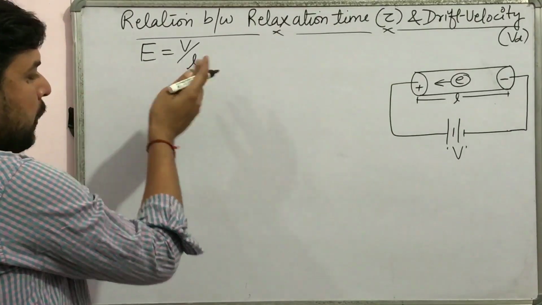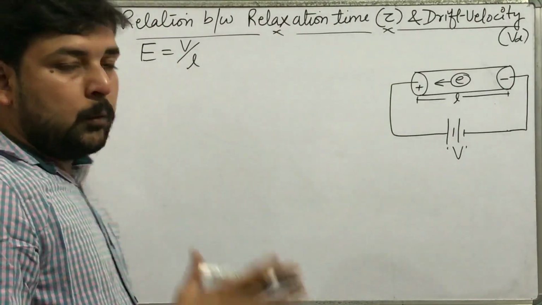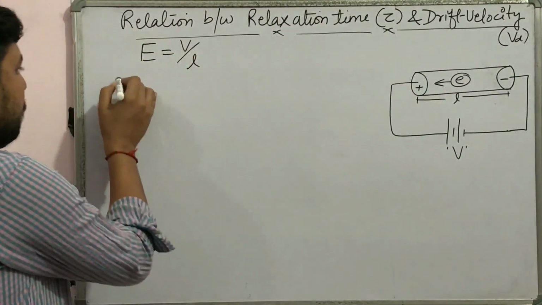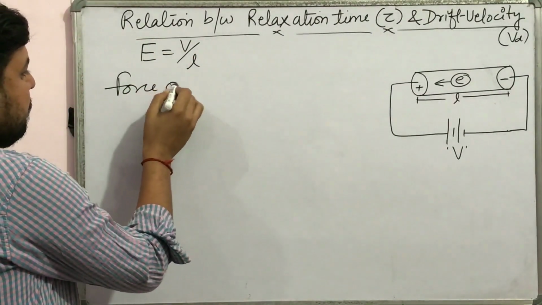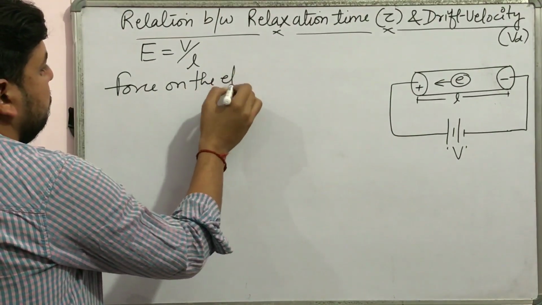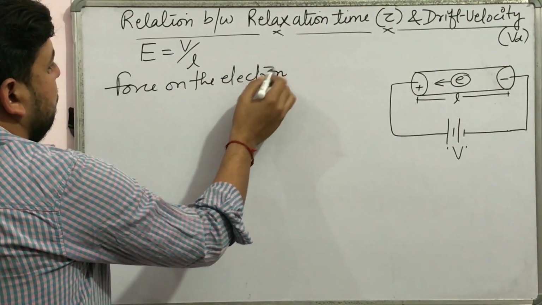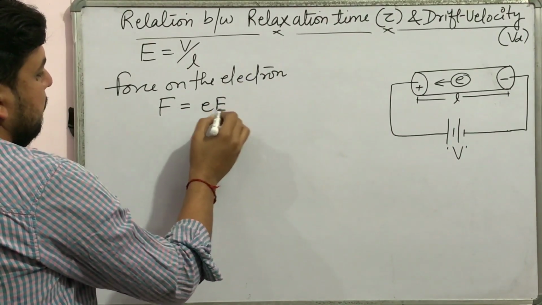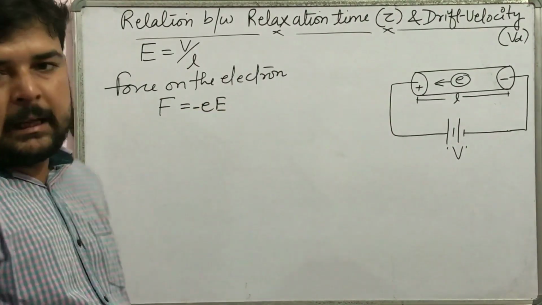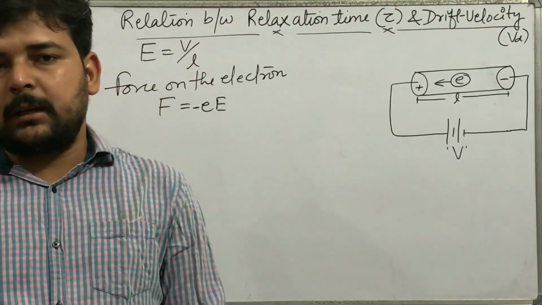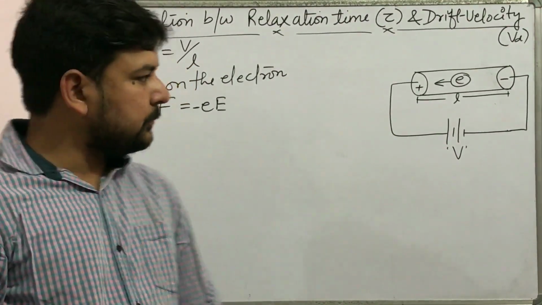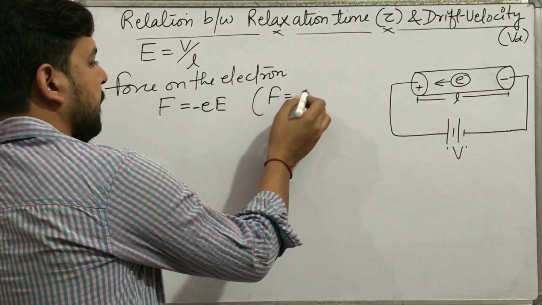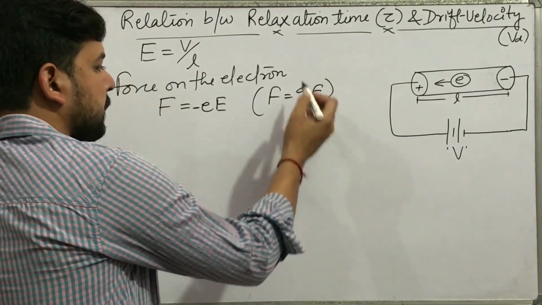What happened? Due to this electric field, a force will also act on the electron, and that force on the electron, F, is equal to minus eE. The negative sign shows the charge on the electron is negative, and basically here we have used the relation F equals qE.